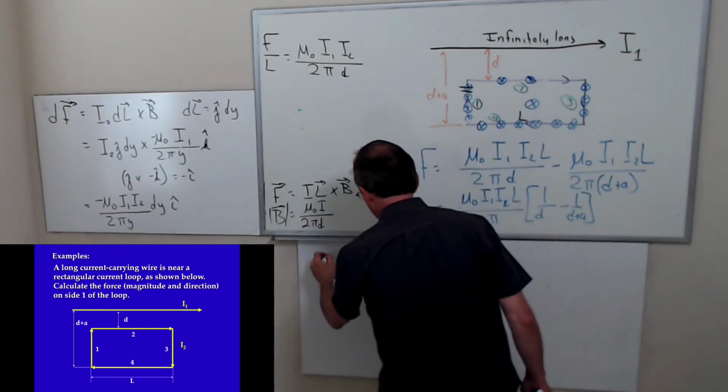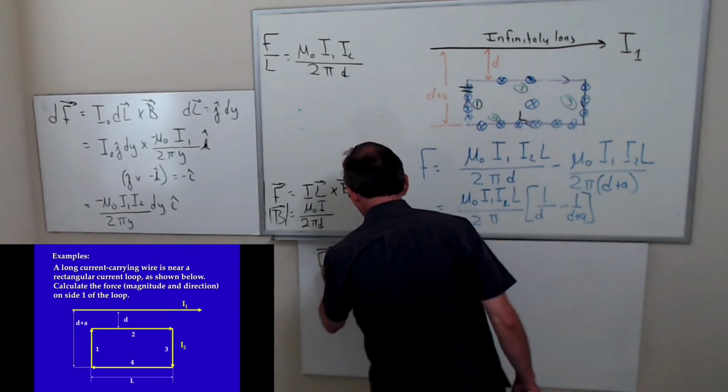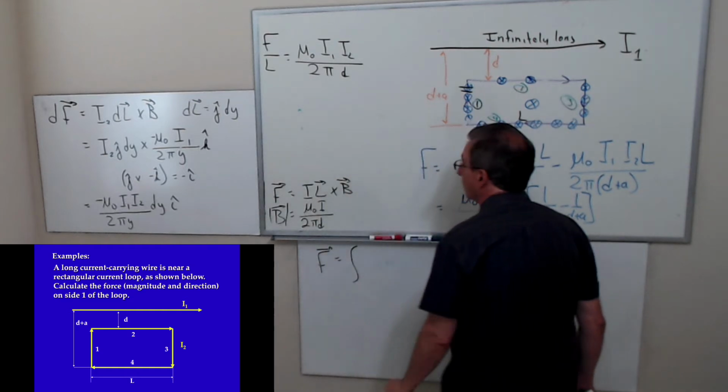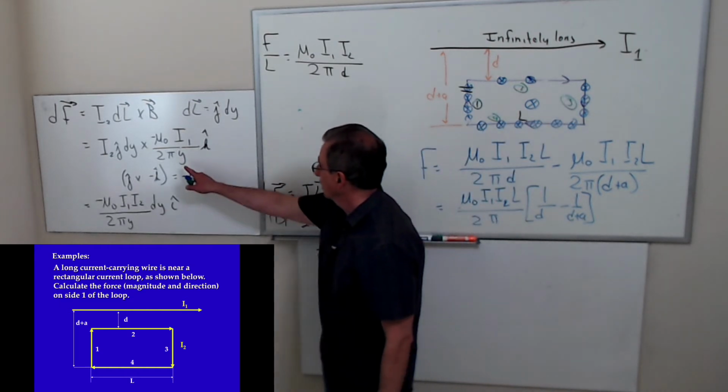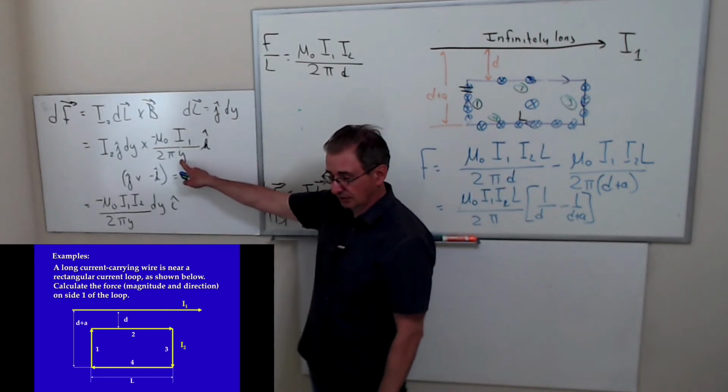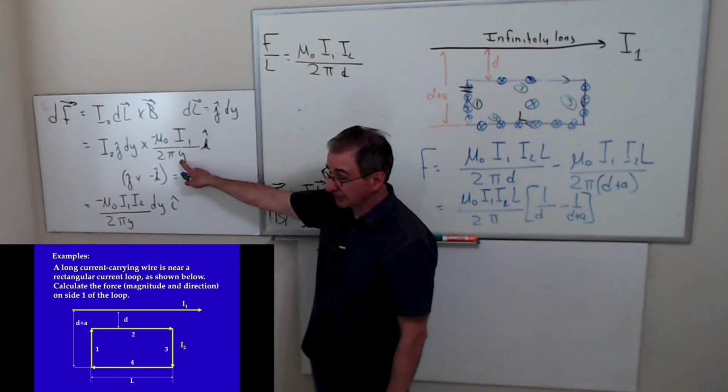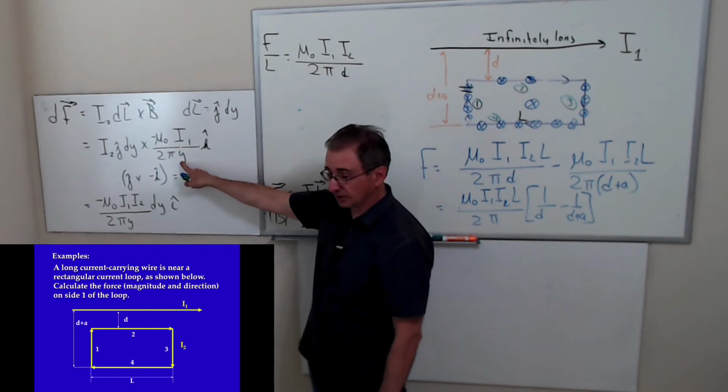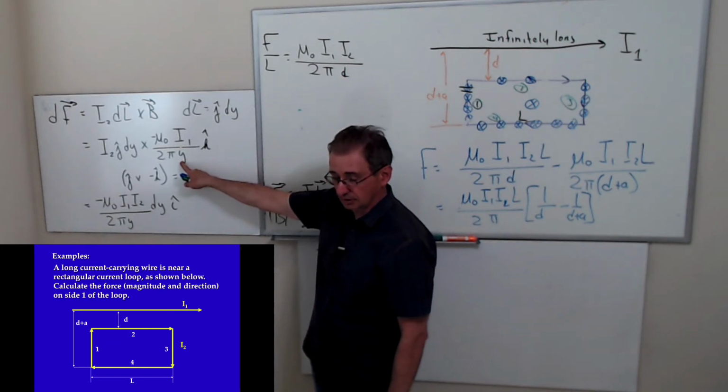So now I want to integrate to get F. So let's be careful here. Is this a coordinate or a distance? Coordinate. It's a distance. Okay, this is actually a distance.